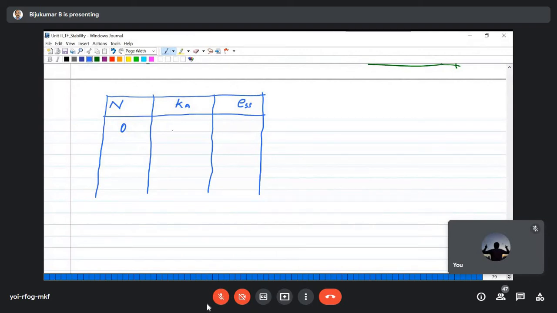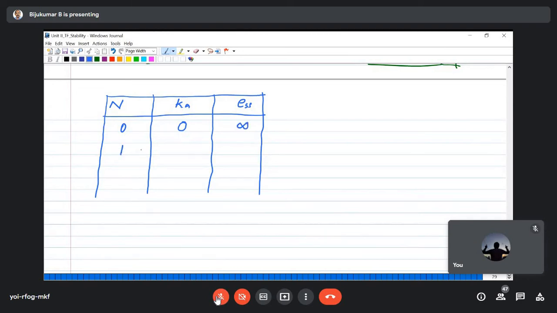You substitute in the transfer function and tell me. S square into K. S square into 0. Yeah, correct. Ka equal to 0. So obviously steady state error becomes 1 by 0, that is infinite, right?